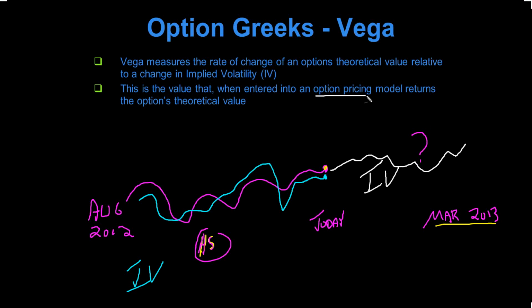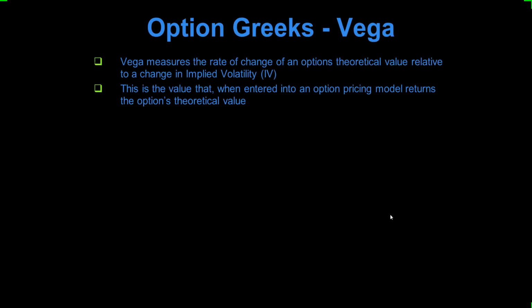So in the option pricing model, they plug in the underlying price of the stock, the dividends, the interest rate, the strike price, and the time of expiration. The last thing that goes in is implied volatility. Implied volatility is put in to come up with the price of that option contract. So that's how implied volatility comes into being.